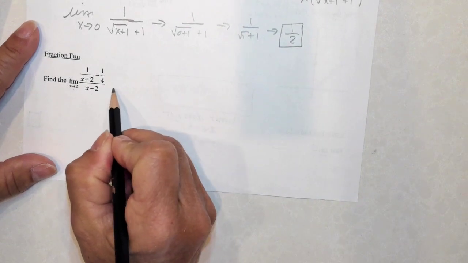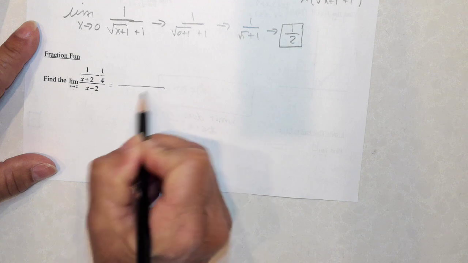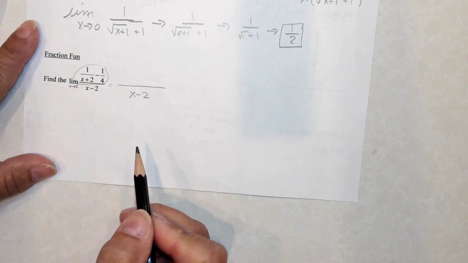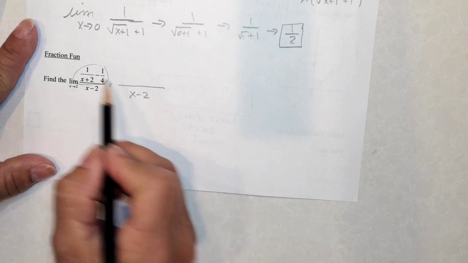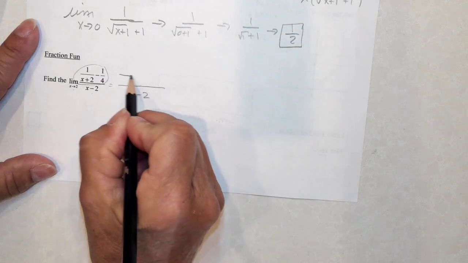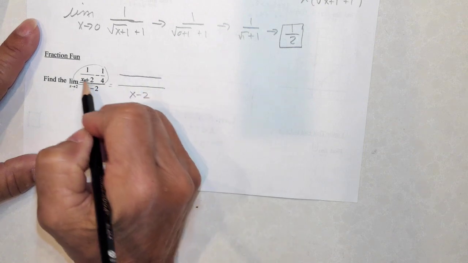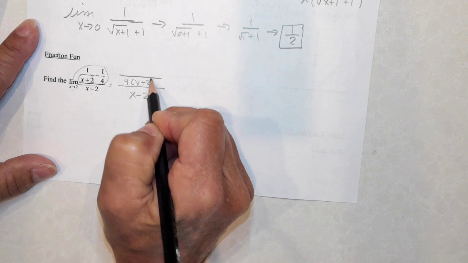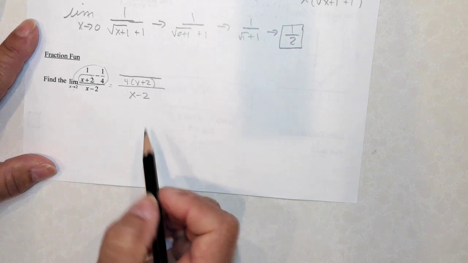So the bottom is good to go, and the reason is it's not a fraction. The top is 2 separate fractions, and I need them to be 1. I can't have 2 fractions on the top. I have to get them to be 1 fraction. And in order to do that, I need a common denominator. So these are my 2 pieces. I'm going to end up really just having to multiply them together to get a common denominator.